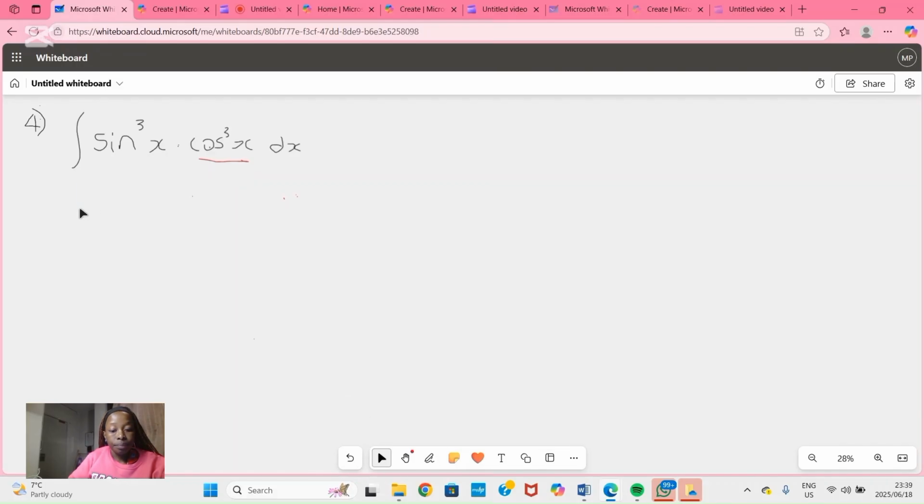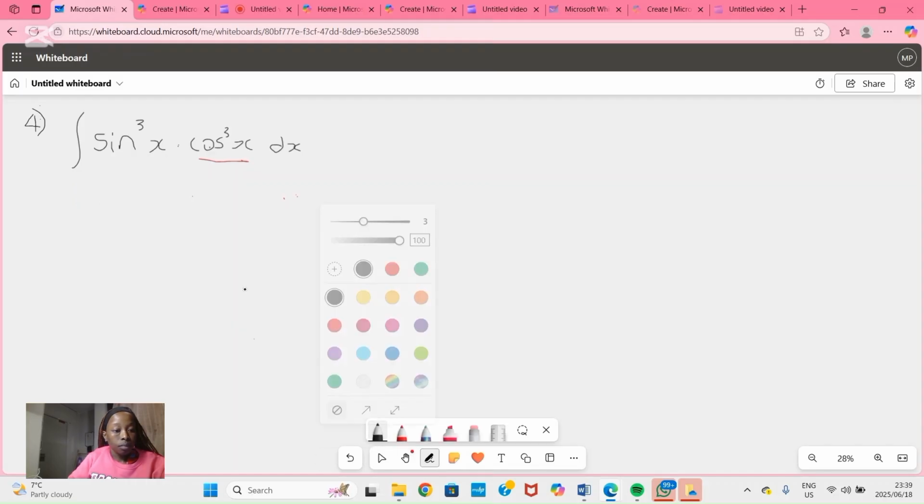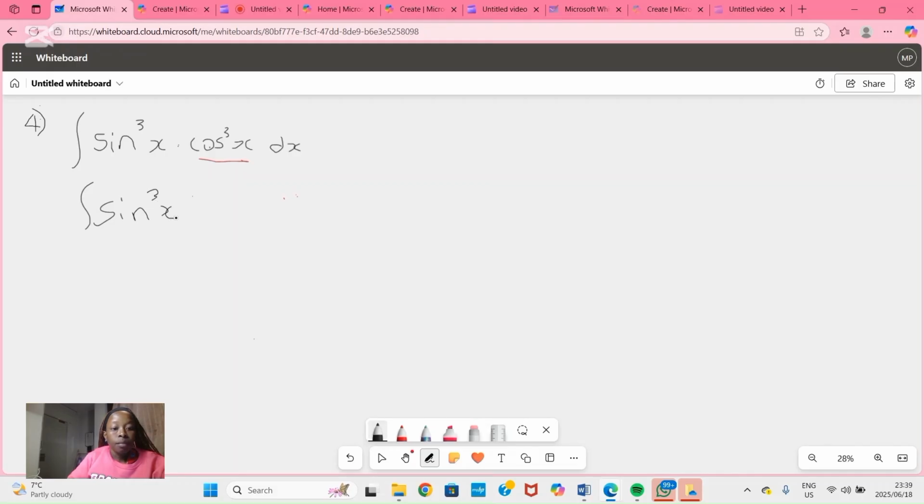So we're going to have an integral of sine 3x multiply by cos. Let me put a bracket first, since we are making this in a simpler form.